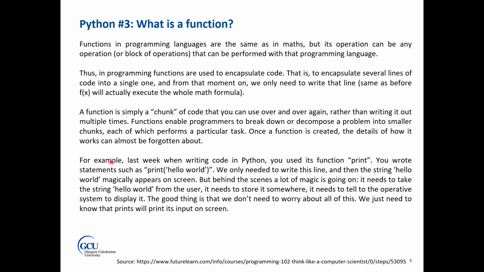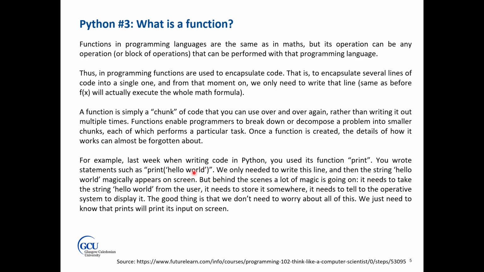For example, last week when you were writing code in Python, you used the function print. You wrote something like print hello world, and then it's going to print on the display hello world. But actually behind the scenes, a lot of things are going on. Python needs to read the input from the user, which is hello world.